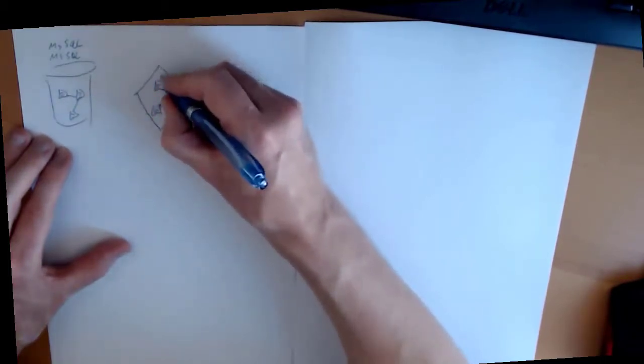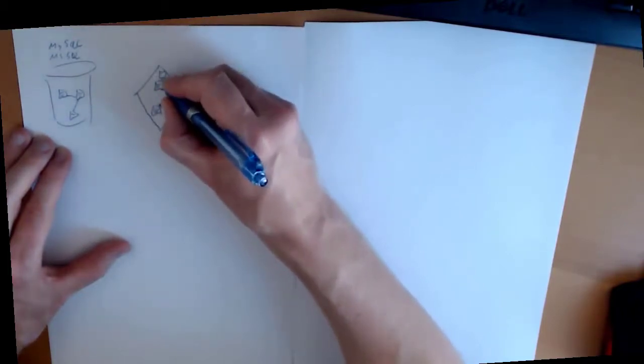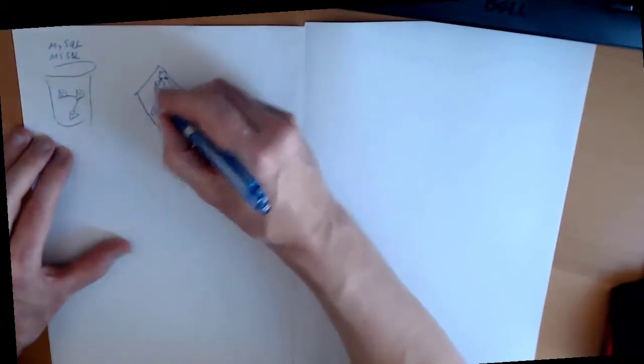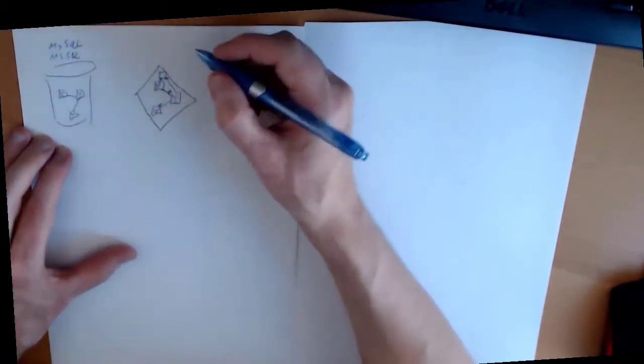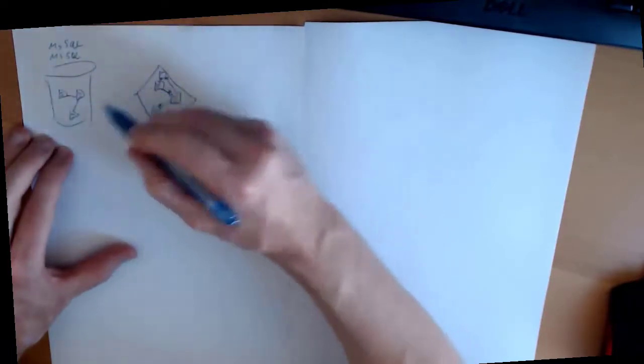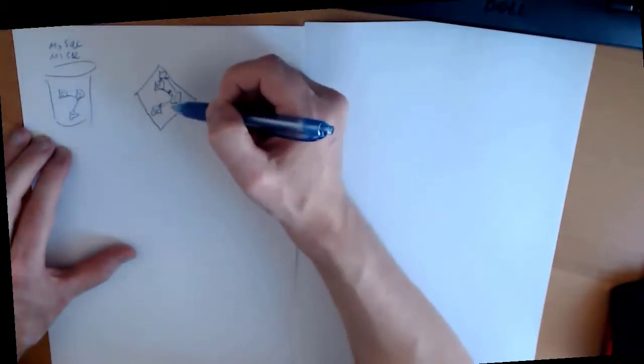But they also can have a representation for inheritance and derivations and a bunch of extra things that are available when we raise the abstraction from a simple ER diagram to a model.